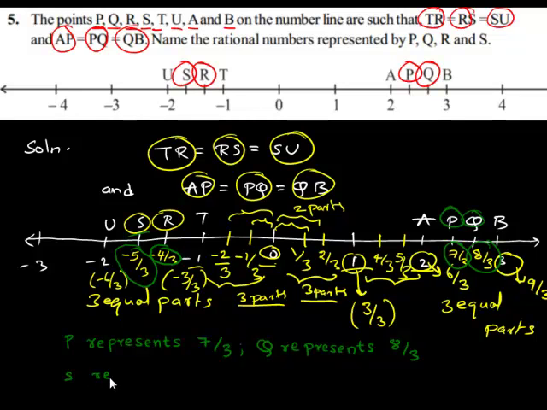S represents negative 5 upon 3 and R represents negative 4 upon 3.